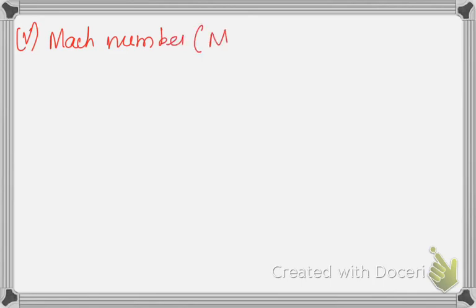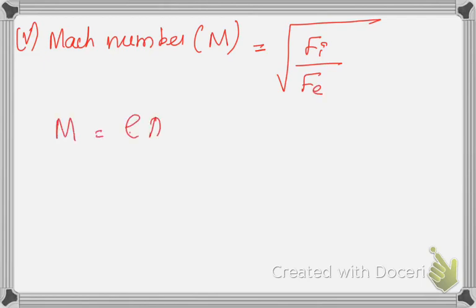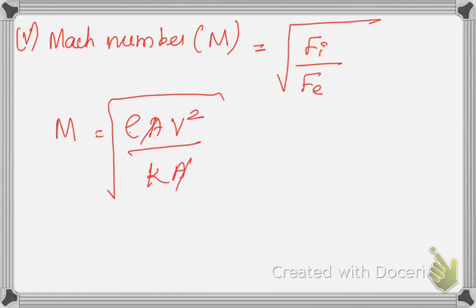And the last number is going to be the Mach number, and it is denoted by M. It is also the square root of the ratio between the inertia force and the elastic force. So M is nothing but rho A V square by K into A. I can cancel this A off, so this becomes V squared by K by rho.